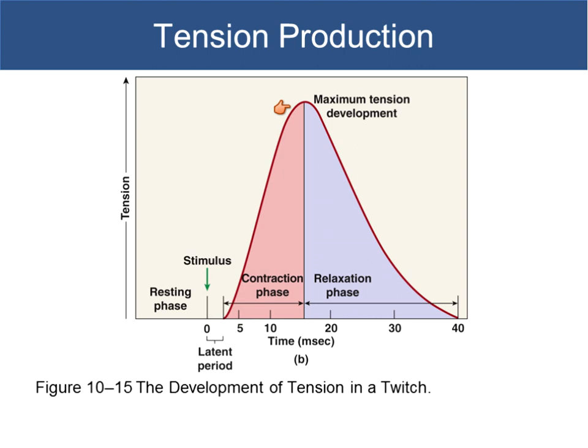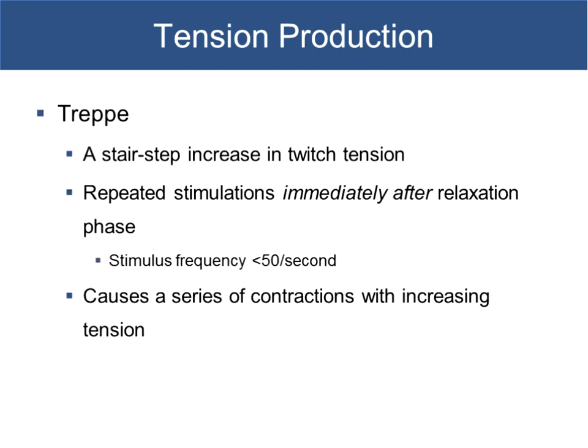At the peak of it, we have the maximum amount of tension built. Then we have our relaxation phase, where everything needed for relaxation happens. Acetylcholine is broken down by acetylcholine esterase. The calcium ions are actively taken back into the sarcoplasmic reticulum. Tropomyosin goes back on top of the active site because troponin has regained its normal shape, and the sarcomere goes back to its resting length.